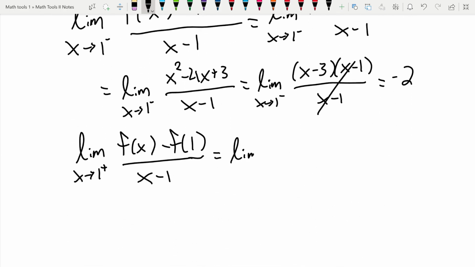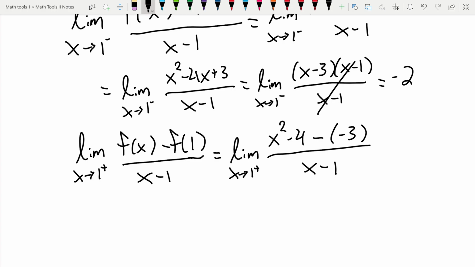So we get the limit as x approaches 1 from the right of x squared minus 4 minus, same thing really, minus a negative 3, over x minus 1. So this is going to be the limit as x approaches 1 from the right. Negative 4 plus 3 will be a negative 1.